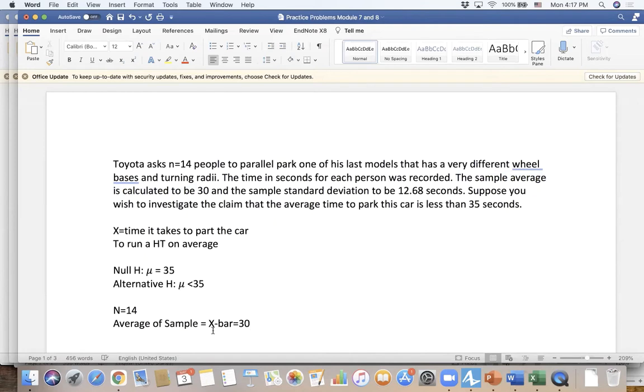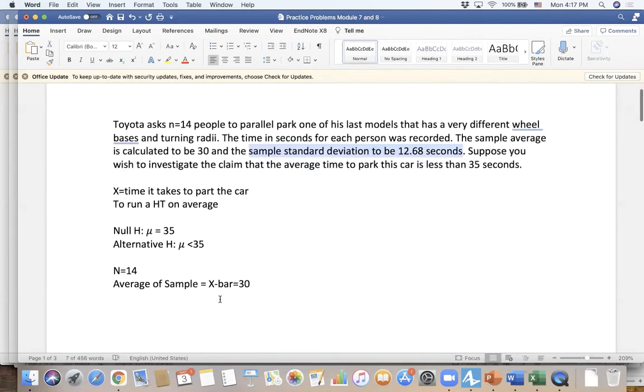And another piece of information here is the sample standard deviation. S equals 12.68. Exactly, that's extremely important. That's S, our sample standard deviation.